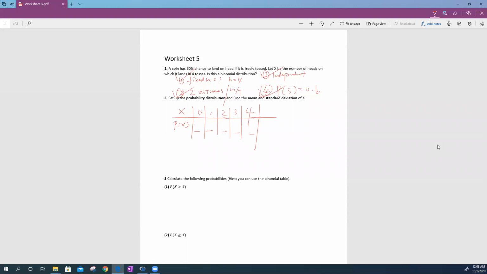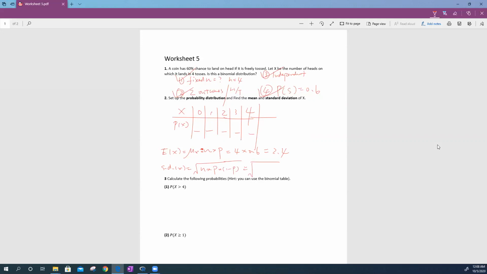So we don't have to know the entire probabilities for binomial setup, because expected value, which is the mean, is n times p for a binomial. So then n is 4, p is 0.6, then the expectation is 2.4, or the mean is 2.4. And standard deviation of x, which is square root of the variance, which is np(1 minus p).